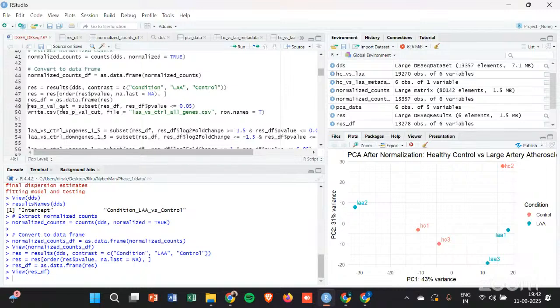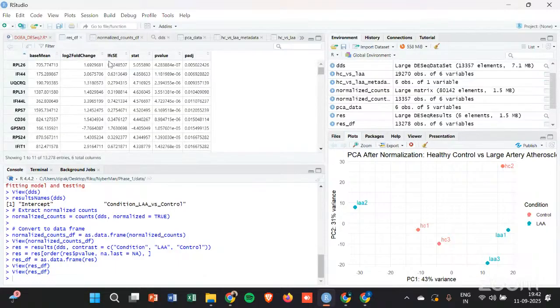Now I will put a p-value cutoff. Again, this res df has these columns. Base mean is basically your baseline mean expression of that particular gene. Your log2 fold change, as I mentioned earlier as well, is basically how much it has changed.